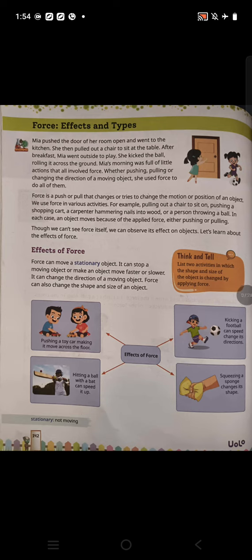Look at the picture that is given below. Pushing a toy car, making it move across the floor. So here, a boy and girl are pushing a toy car to make it move across the floor.